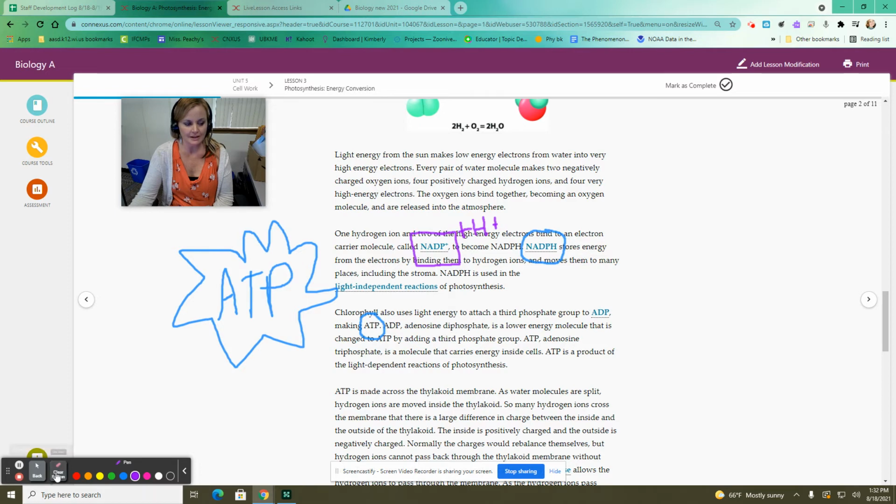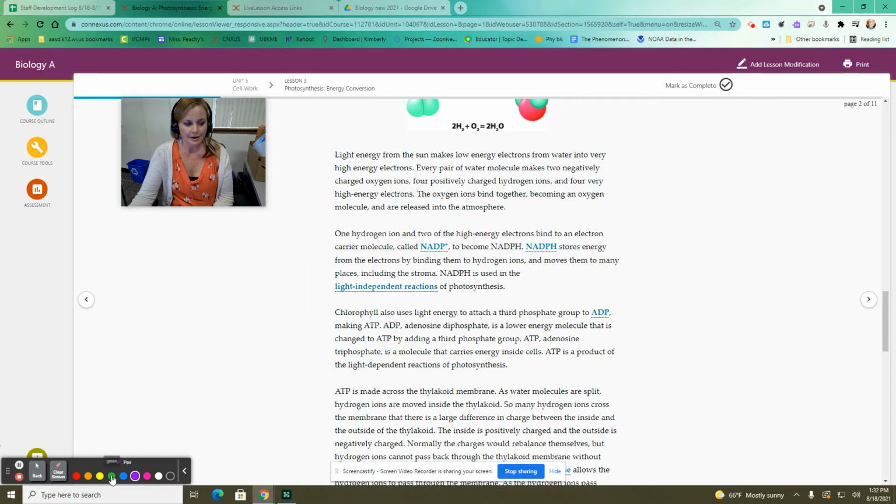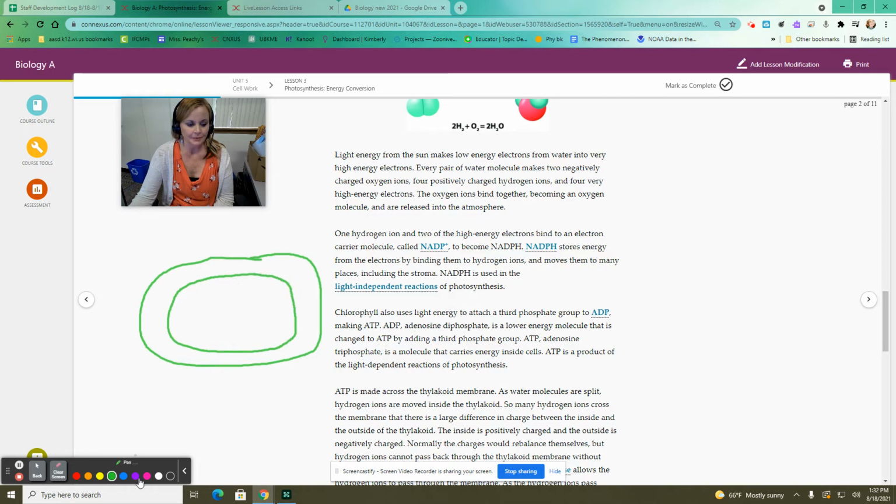So to kind of summarize everything again, we have our thylakoid. We have a buildup of hydrogen ions inside, because water was split initially.